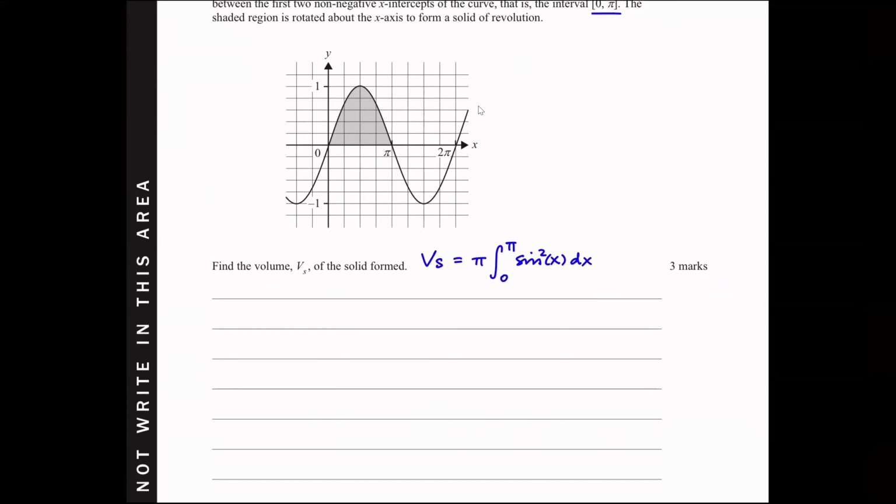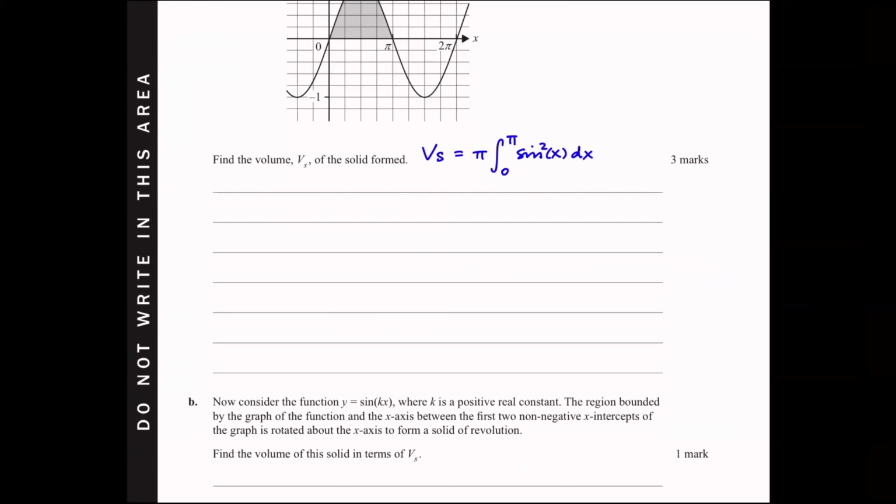Now, to calculate this antiderivative, I actually have various options. I'll show you 2 options. Option 1. Notice that you have sine squared x equals half times (1 minus cosine 2x).